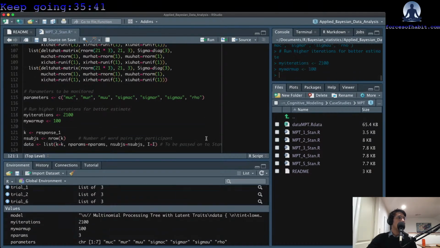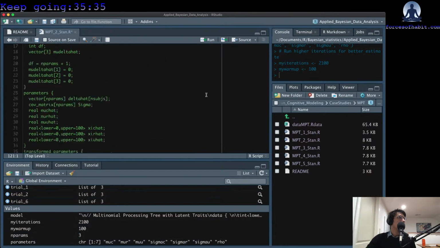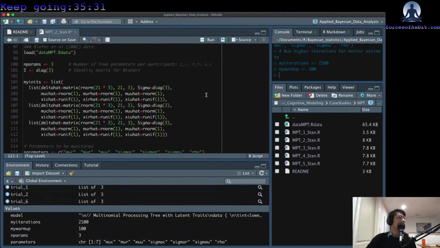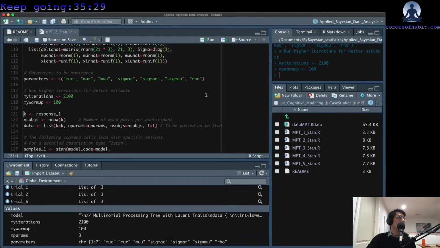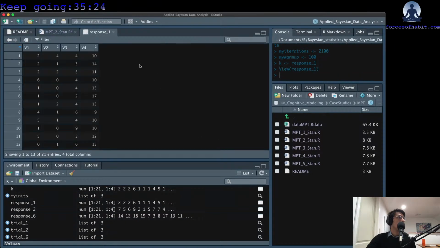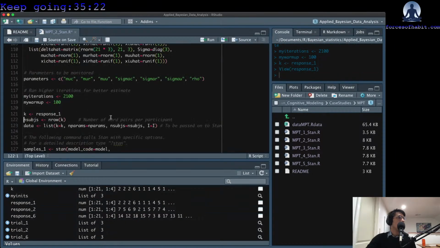And iterations, warm up, K is equal to response 1. What? What is that? Okay, I see. I don't know what that equals. It's the data set. So here's the first data set.